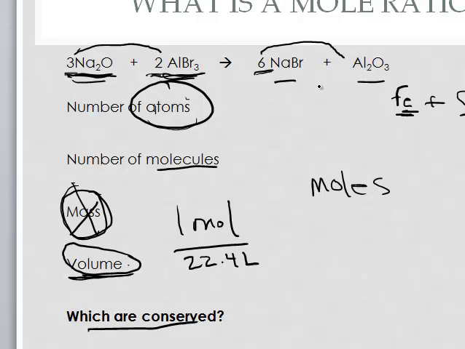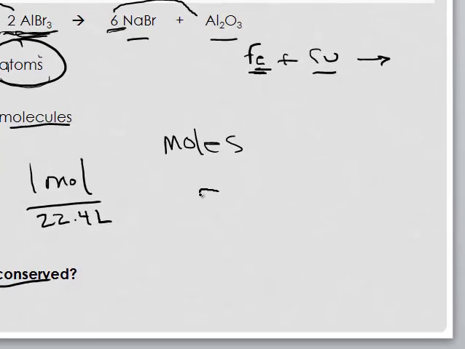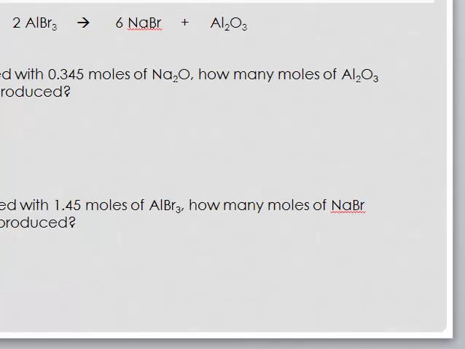And the reason these numbers can be different is because of molar masses. And we'll talk about that in a little bit more detail later. Volume is not conserved because, again, you could have 5 liters creating 7 liters. So the only thing that is conserved are total atoms, mass is conserved, and that's it. And then again, we will talk about this in more detail as we move through the unit.